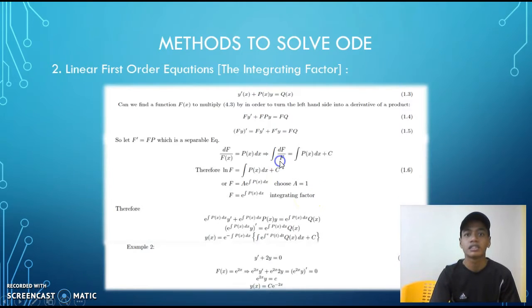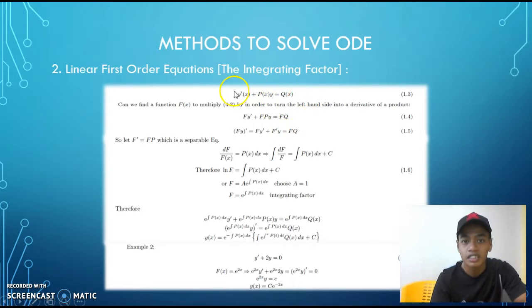So the second method to solve ODE is the linear first order equation, or we can say the integrating factor method. As we know, y prime plus p(x)y equal to q(x) is the general form of first order linear differential equation.